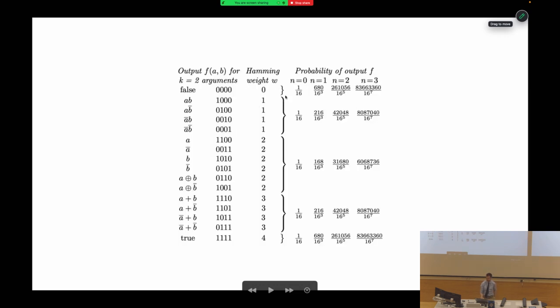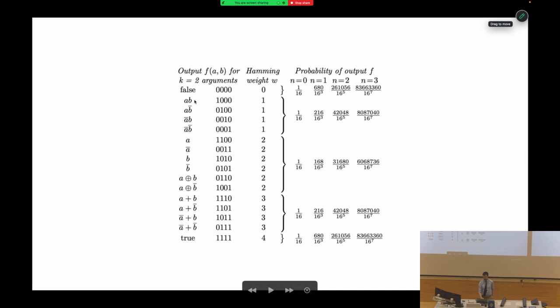So here are the probabilities. We just work this out exactly. For a k equals 2 model with n equals 1 layer, these are the probabilities that we have these different Boolean functions.